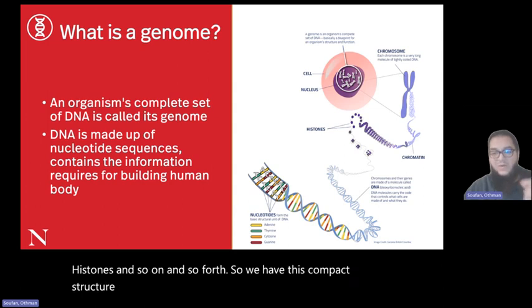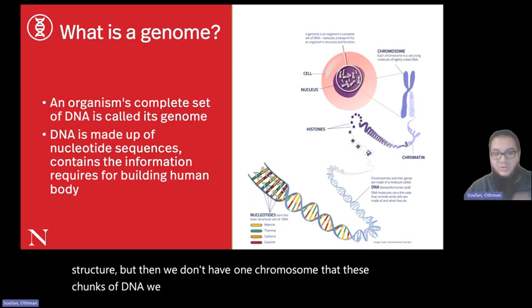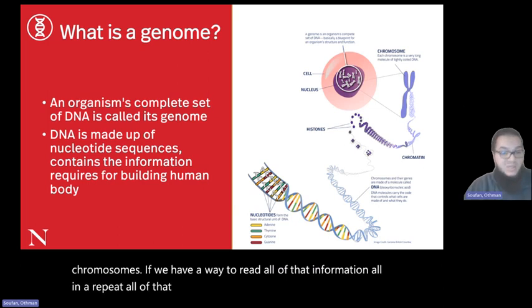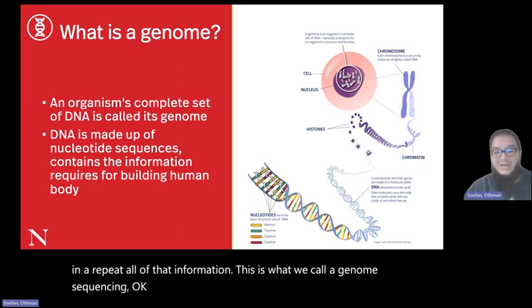But then we don't have one chromosome. These chunks of DNA, we end up with 23 pairs of chromosomes as humans. If we have a way to read all of that information, and I repeat, all of that information, this is what we call genome sequencing. Okay, genome information.